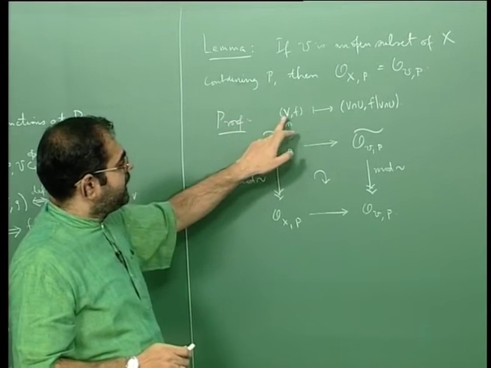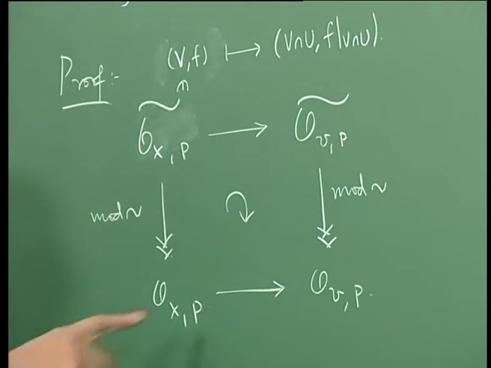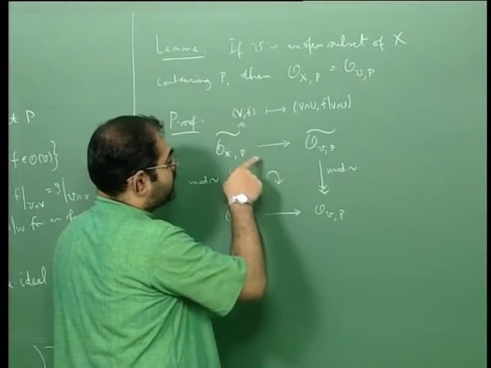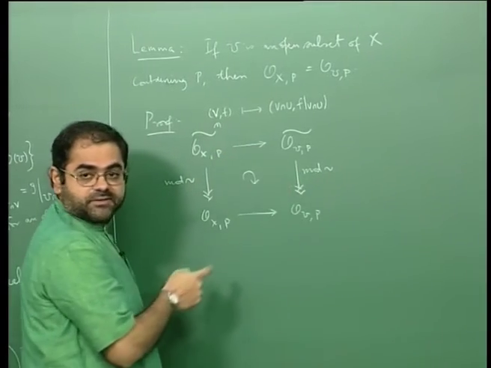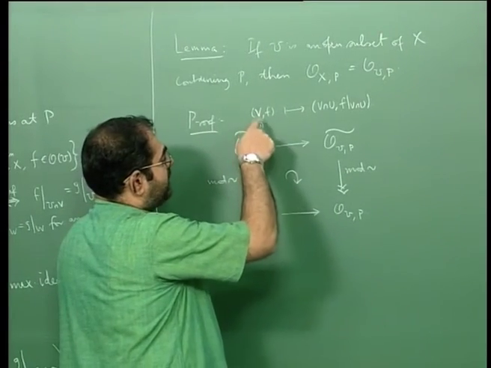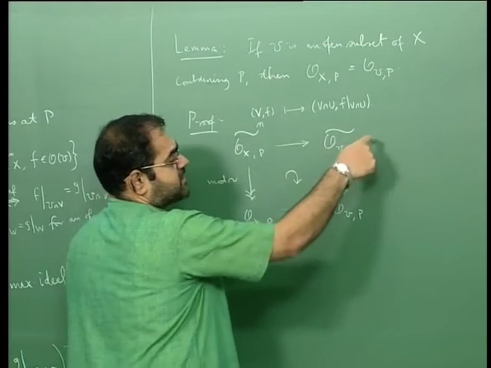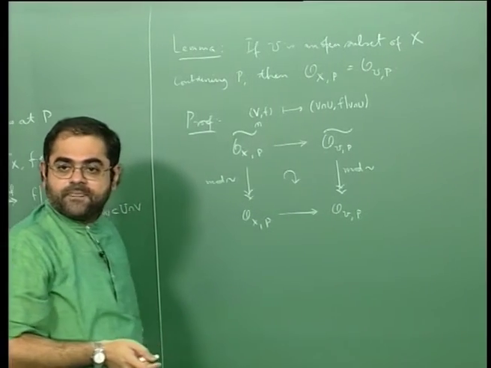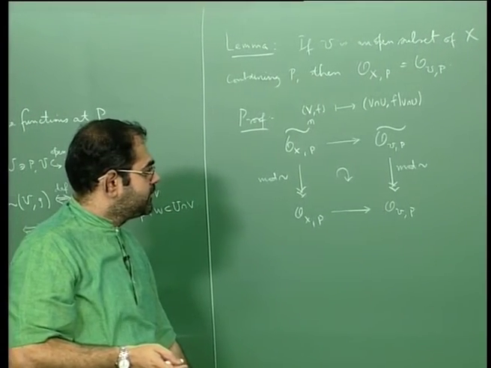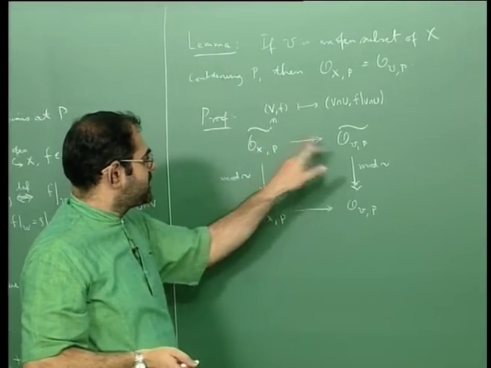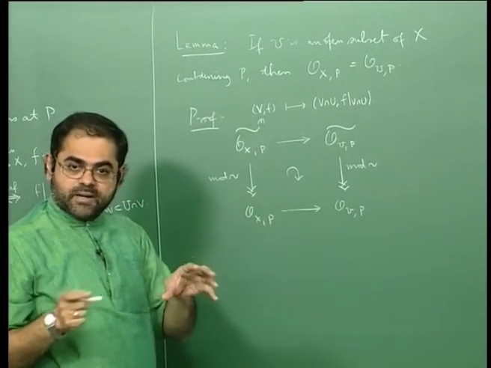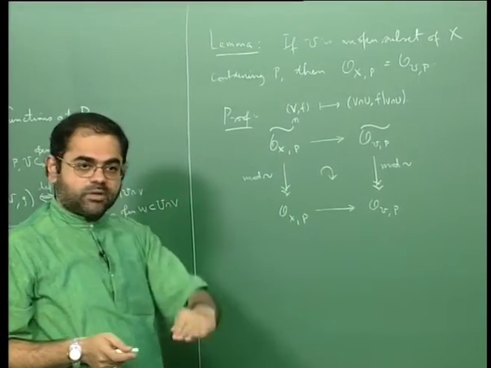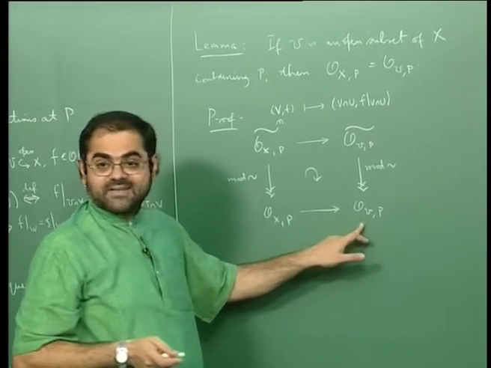The fact that you need a map like this boils down to checking that this map respects the equivalence relation, which means that if two things are equivalent here, then the images there are equivalent. Once you have that, this map goes down to a map like this. So this map is not just a map of sets, but it also preserves the equivalence relation on these two sets, so it goes down to a map of the equivalence classes.